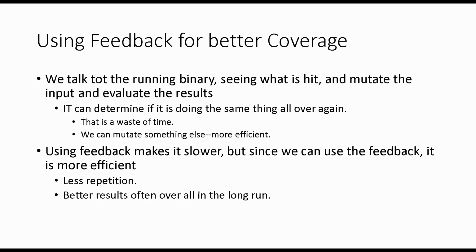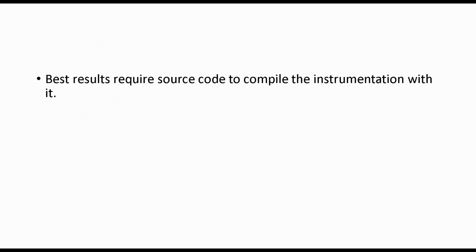Just the nature of using feedback in and of itself is going to be slower than not using it, but because we use the feedback, we can bypass certain things and avoid repetition, so overall the results are going to be much superior in the long run. So in the short term, using instrumented code is a little bit slower, but it is much more advantageous for us.